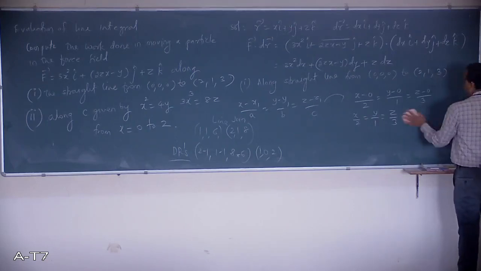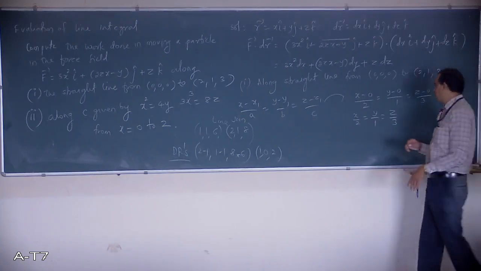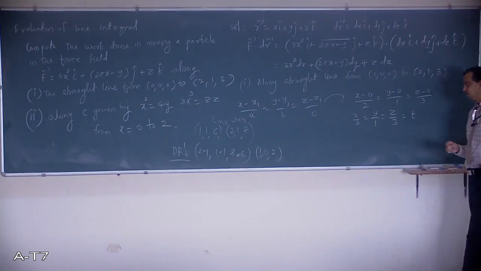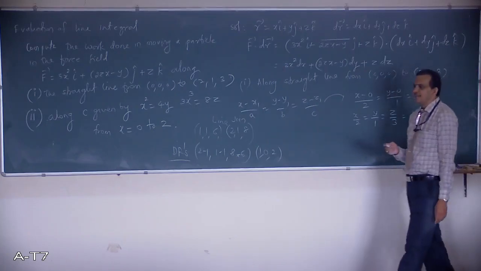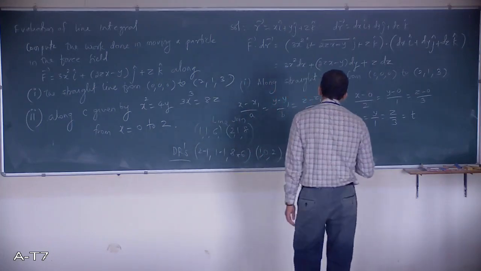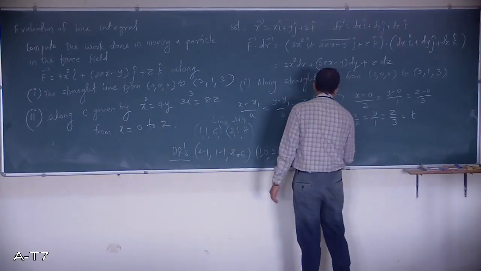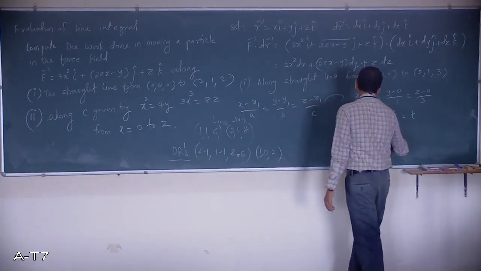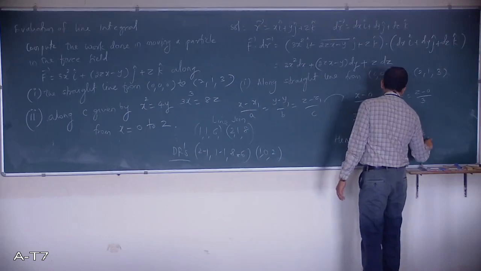So because it is in general, I will prefer to choose it as some parameter t, because the advantage is all x, y, z can be written in terms of parameter t, namely 2t, t and 3t. Hence, 2t, t.